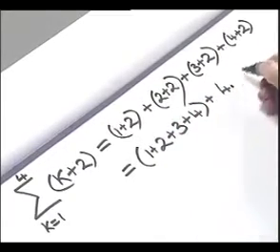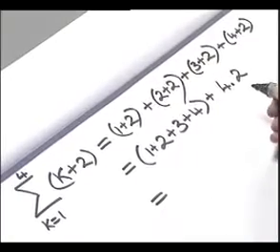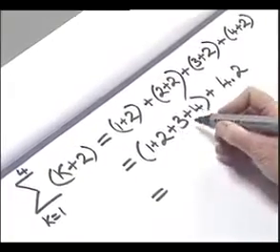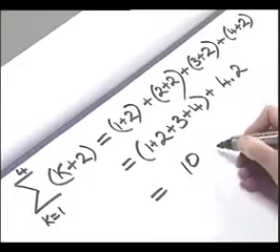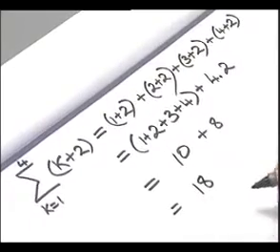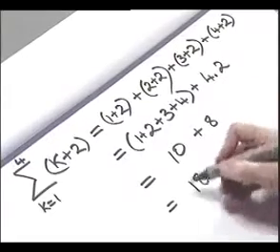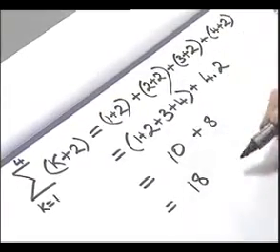So that is 4 times 2. And then we can easily evaluate this expression. 1 plus 2 plus 3 plus 4 is 10, plus four 2s are 8. So the answer is 18. But as I said before, we're not so much concerned with the answer, but in the process.